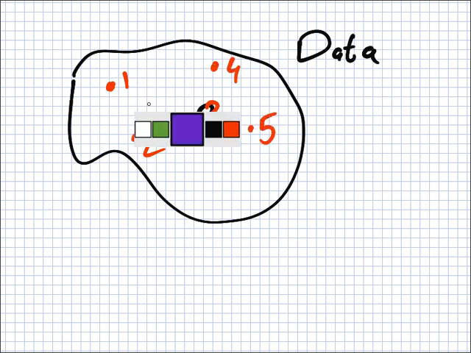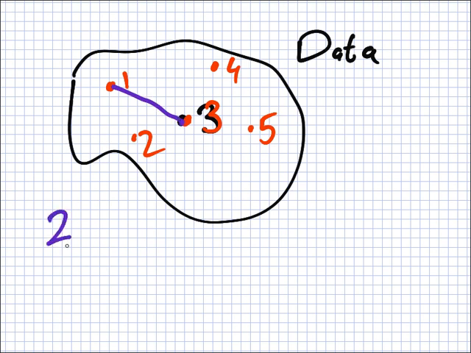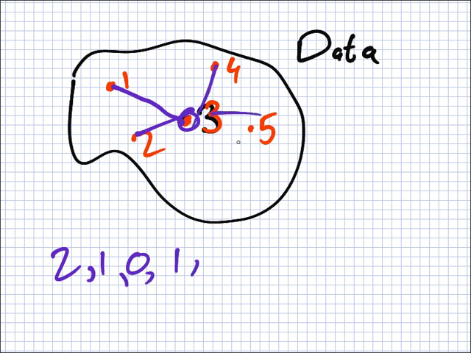Okay. So how far away is 1 from the average? It's 2 units away. How far away is 2 from the average? 1. How far away is 3 from the average? 0. And then here, 1 and lastly 2. Now, on average, how far away is each point from the average?